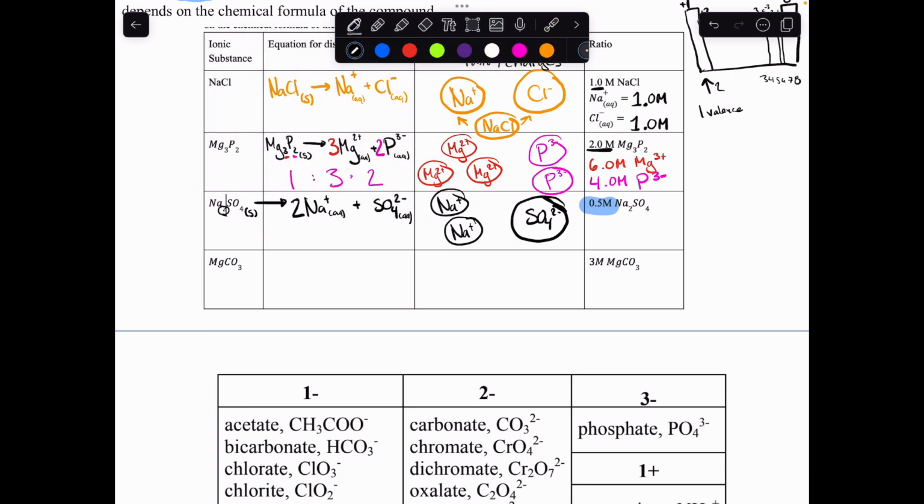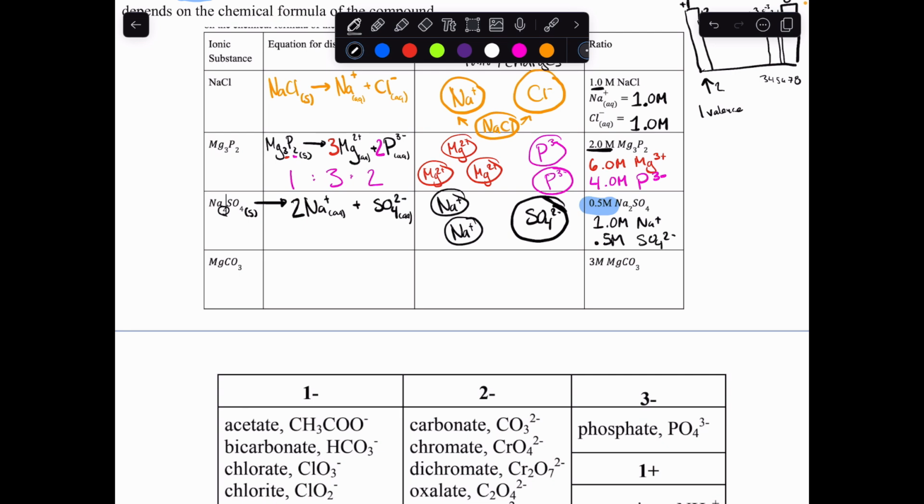So we'd have a 1 molar solution of Na. And then for our SO4, for every one of these, we just have 1 of those. So if this is 0.5, then that would also be 0.5. So 0.5 molar of our SO4 2-.